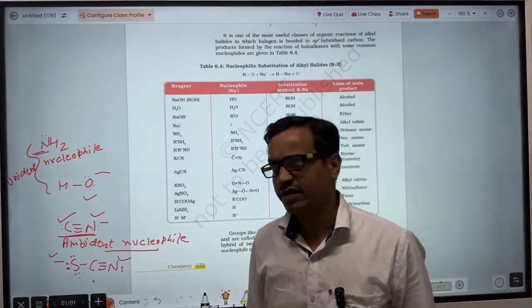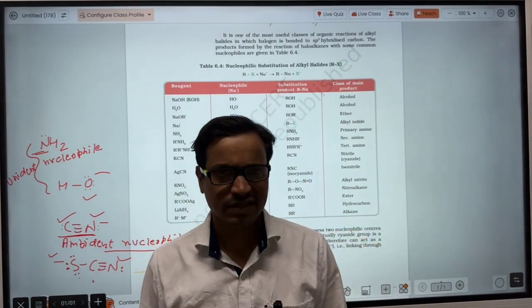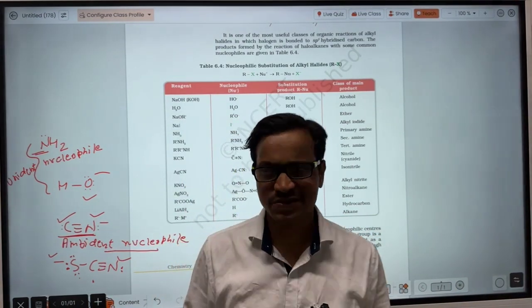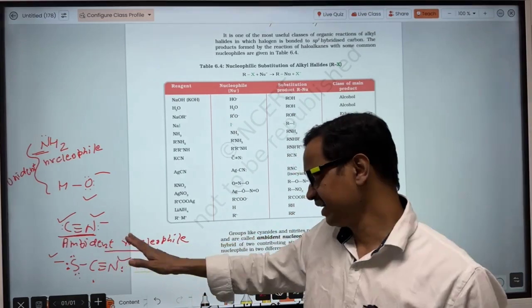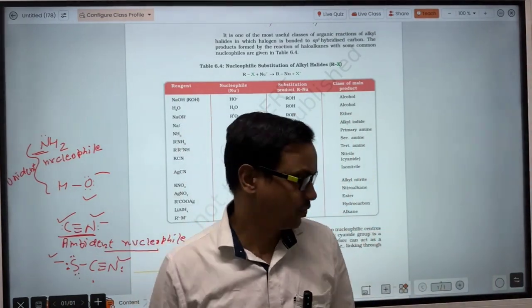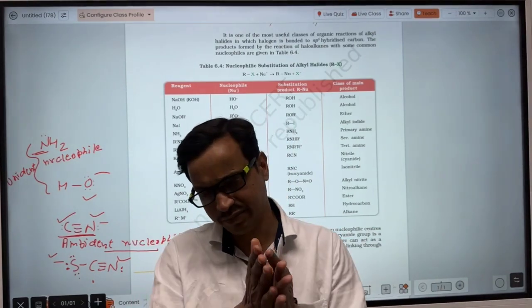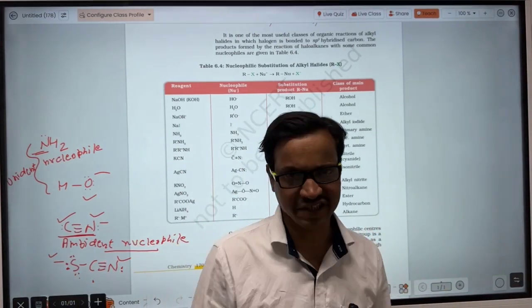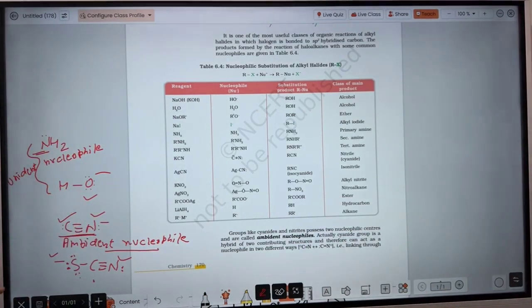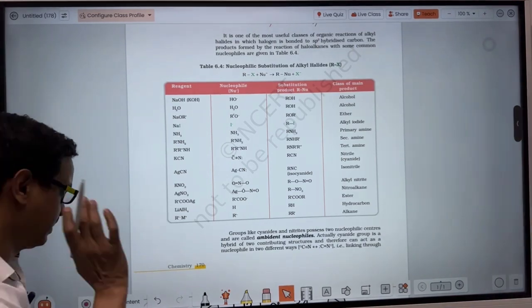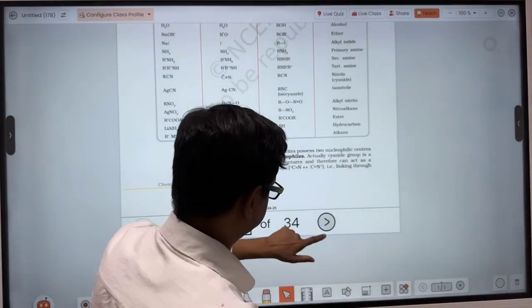But in these two examples, the two atoms have the capacity to donate the electron, so that will be called an ambident nucleophile. Unident means only one electron donating site, and ambident means there will be two or more than two electron donating sites.